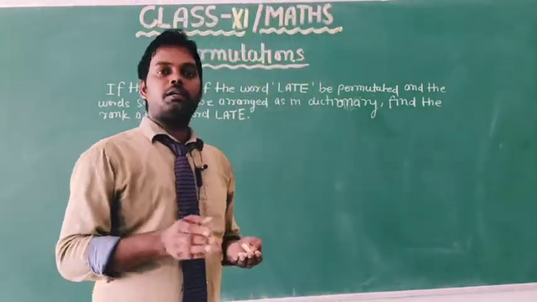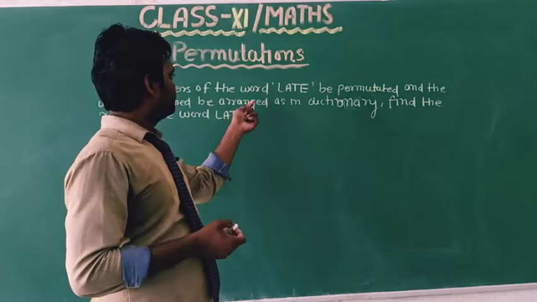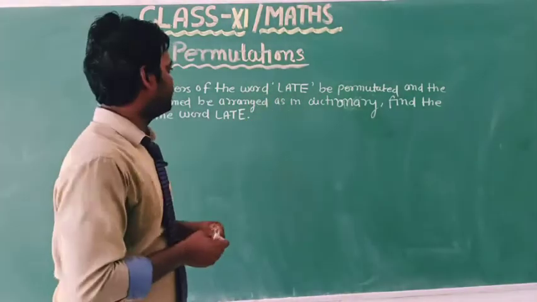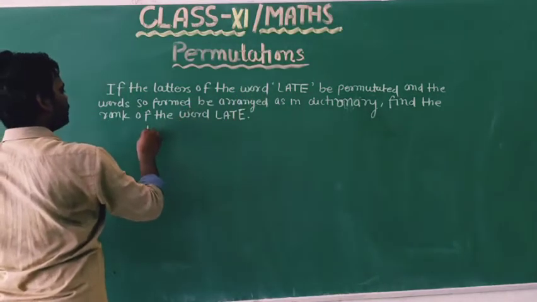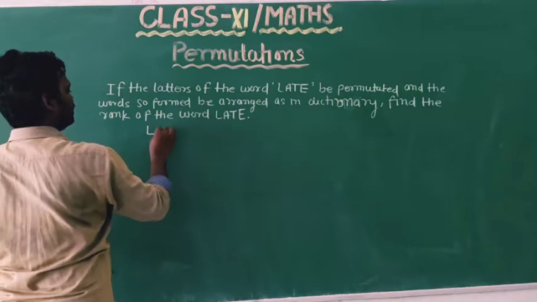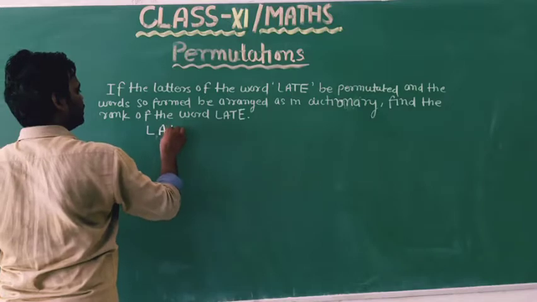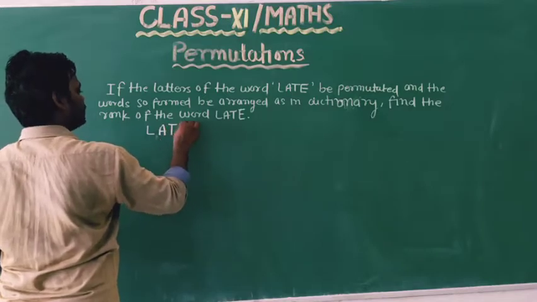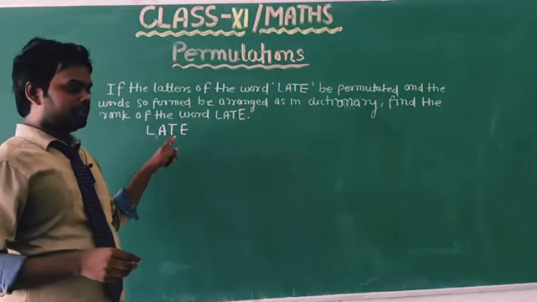So let me show how we can arrange the letters of the word LET. The given word is LET. Now first write this according to dictionary order.